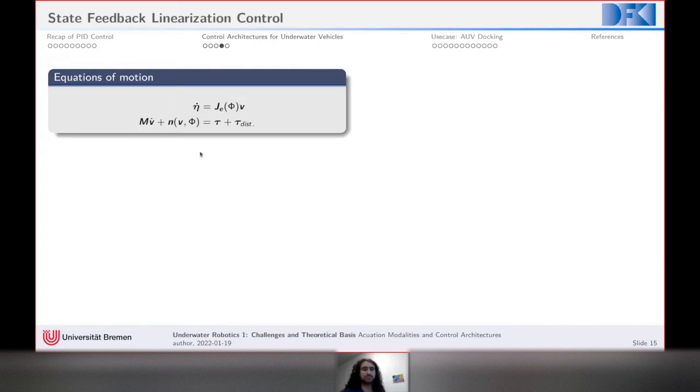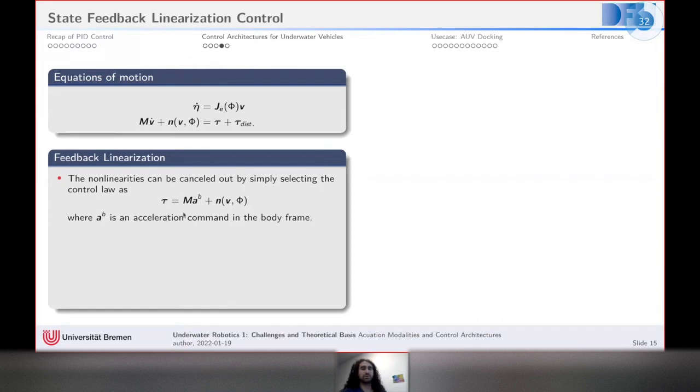So here, again, our equations of motion, we're going to choose a control law, which is the following. The control law is the mass or the inertia of the system, if I know it, multiplied by an acceleration a_b, an acceleration command in the body frame, plus, if I can observe those values, the nonlinear parts of the model, and whatever the state observer is giving me, I can also feed into this nonlinear part.